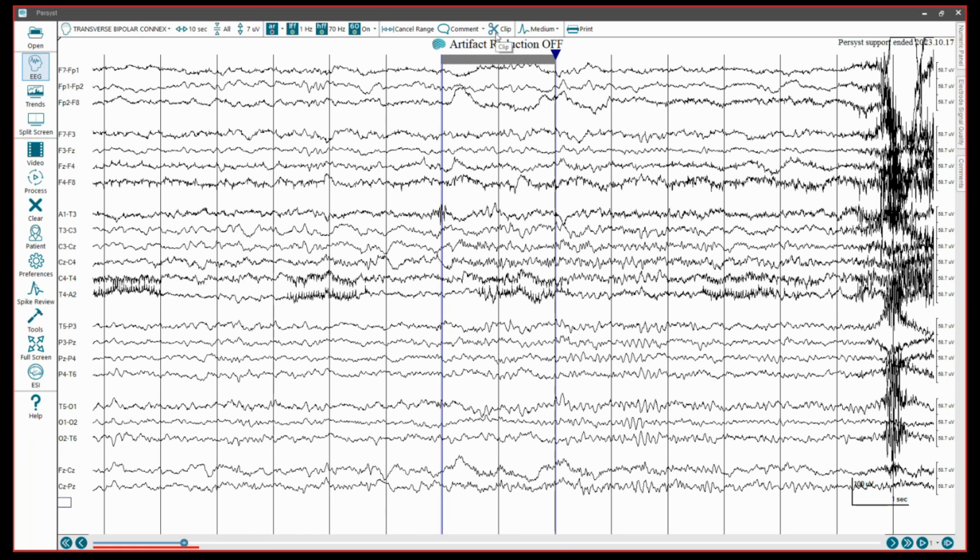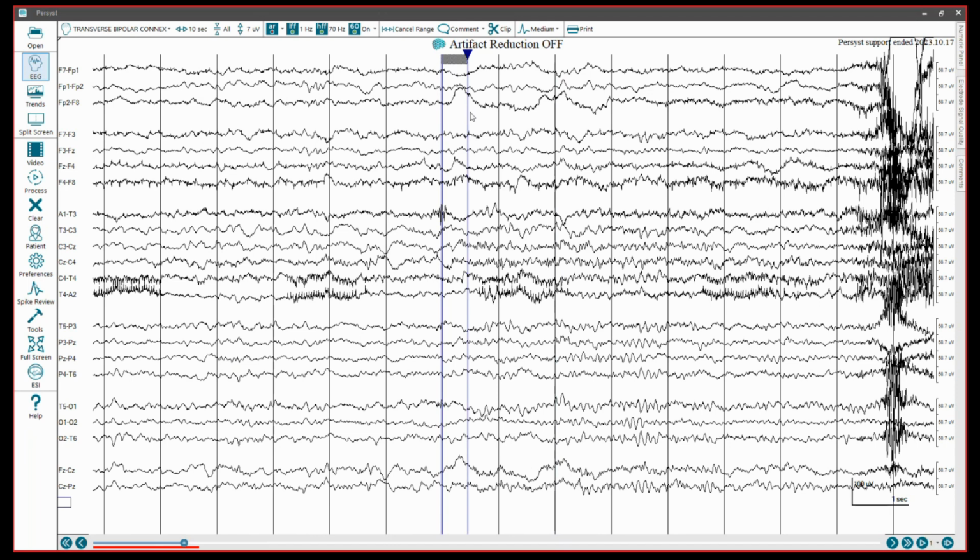The classical example is knocking your knuckles on the desk. But any type of auditory stimulus can evoke a K complex, but also a stimulus that we might not recognize. Maybe the patient twitched their lip or did something that stimulated themselves.